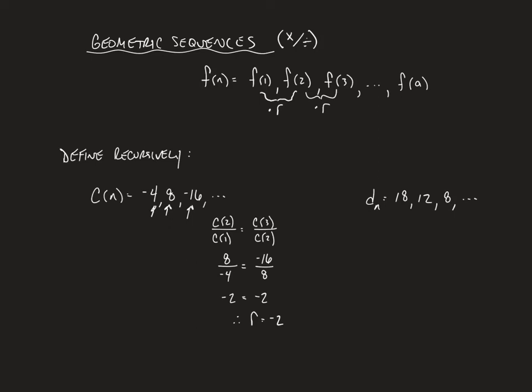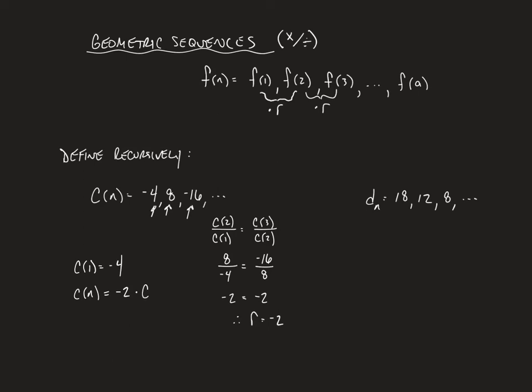So when I make my recursive statement, I'm going to say that the first term is -4, and the nth term is the result of -2 times the previous term. I take the previous term, multiply by -2, and I get the nth term.